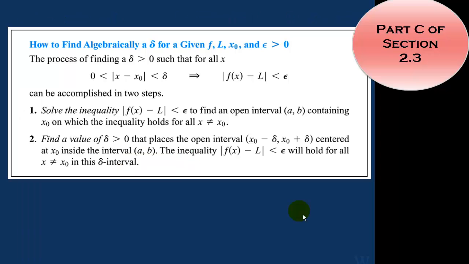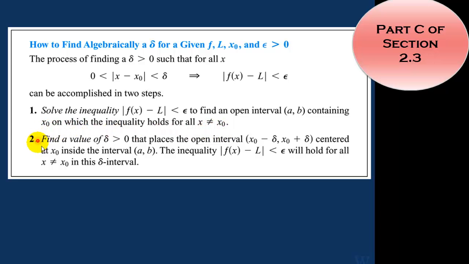From those examples that we were doing, notice that I always start with this inequality. I always work with this inequality, then I find an interval containing x, in particular containing x sub 0, for which this is true and possibly not at x equal to x sub 0.